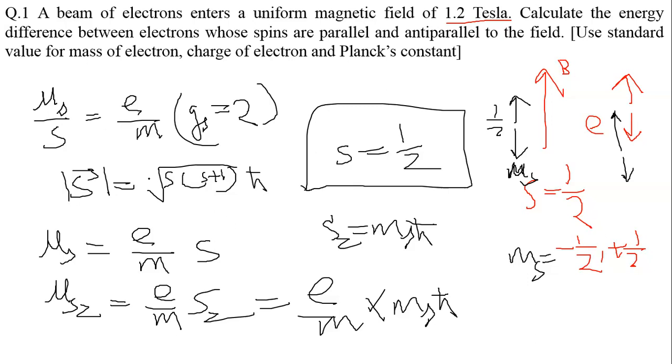Here there is no discussion about orbital magnetic moment, so we are getting spins, because in this question it is given that the spins are parallel and anti-parallel to the field.